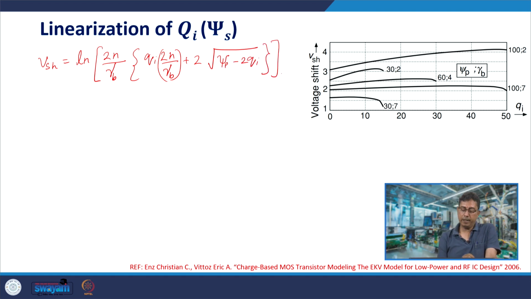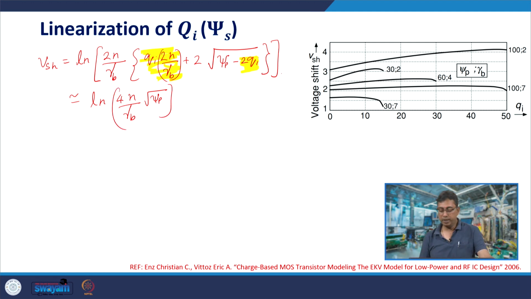Here we had said that this is negligible compared to chi p in general, and because chi p is quite large compared to qi, again this is negligible, and that is how we had obtained the expression that this is actually natural logarithm of 4n by gamma b to square root of chi p.